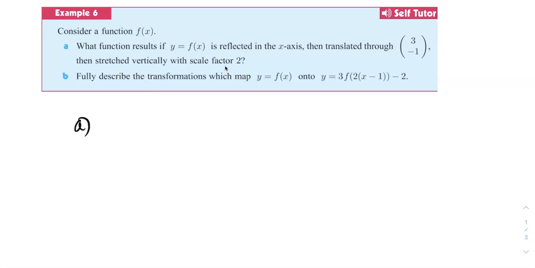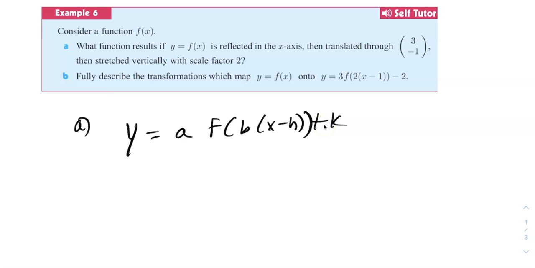So what's basically going on here is this. The most generic version of a function is this. Right, so that's our most generic function. y equals a f of b times x minus h, in parentheses, plus k. Where everything on the inside is x values and you do the opposite operation.